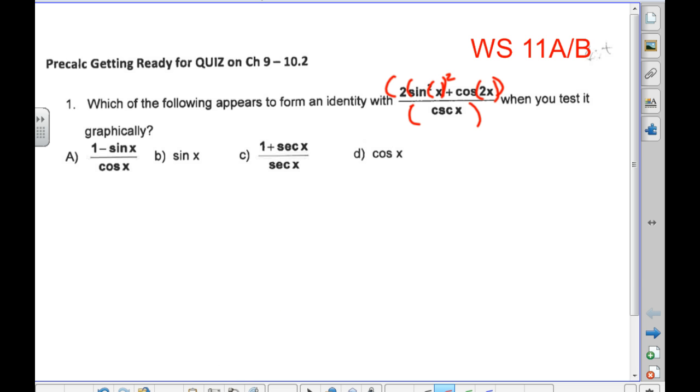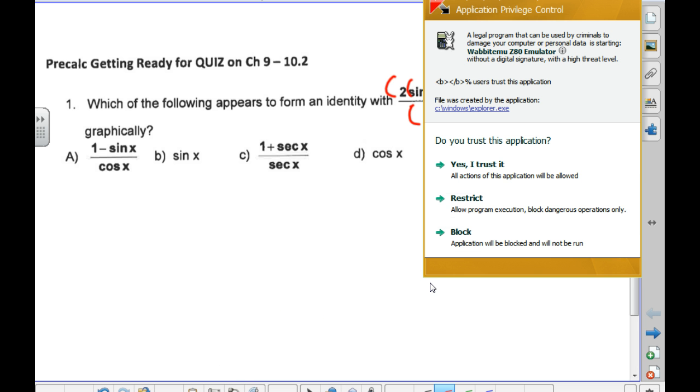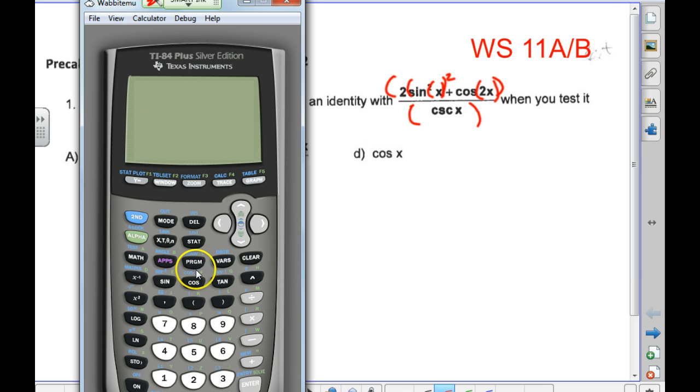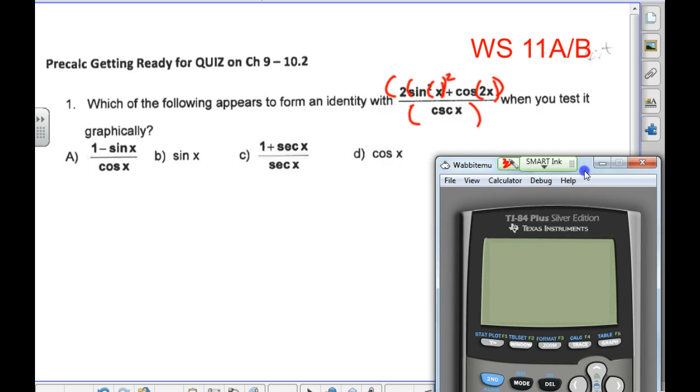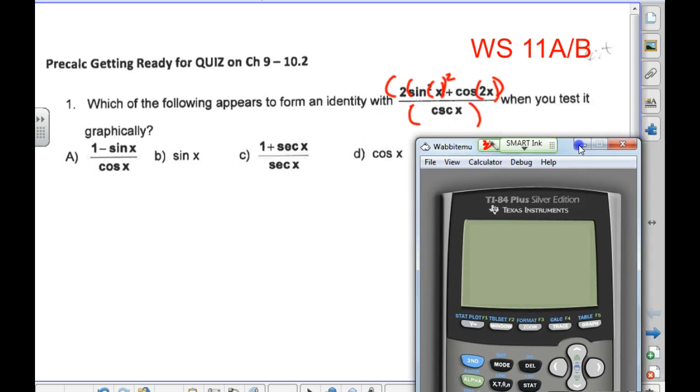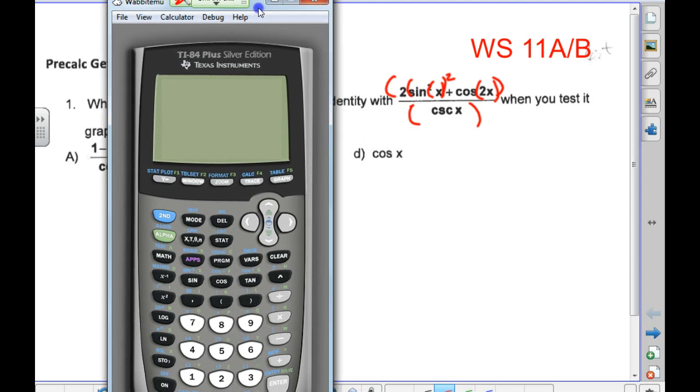All right, so let me pull up my calculator here. And I'm going to be in radians.